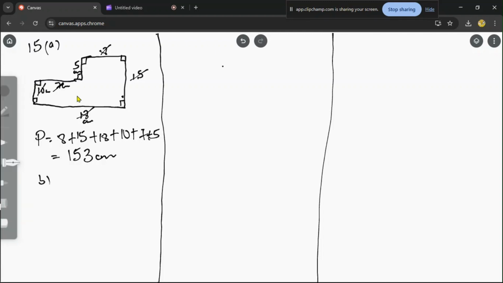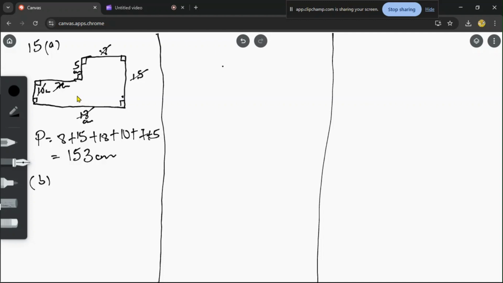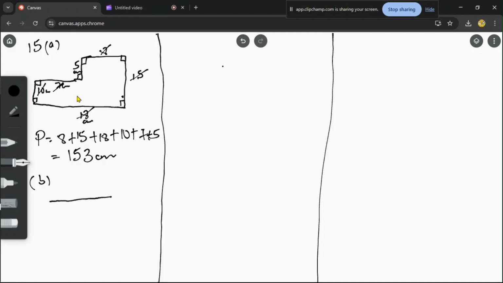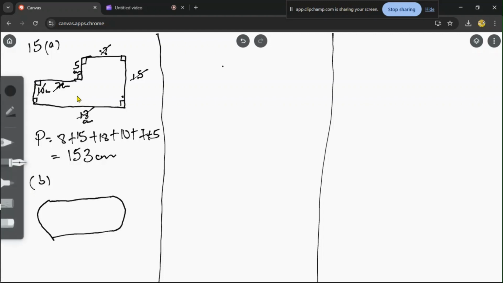And number B, you have a diagram here of this form. I want again to get the perimeter. It's supposed to be curved, so we draw something curved like that. Mine is not perfect, but I want to get the perimeter.